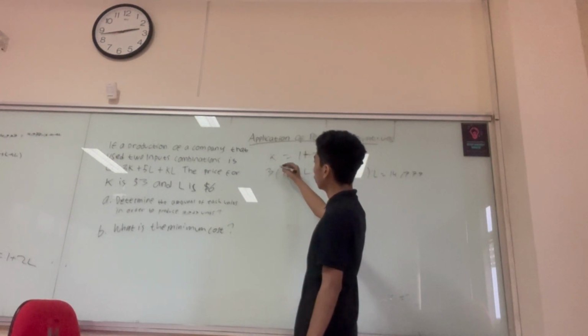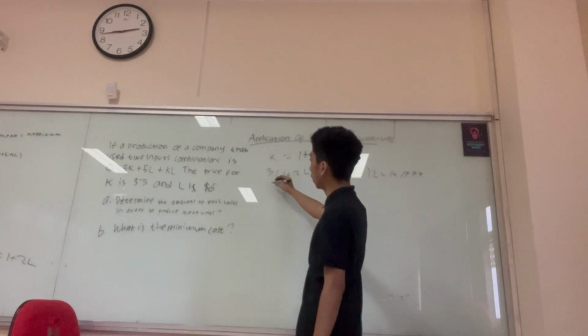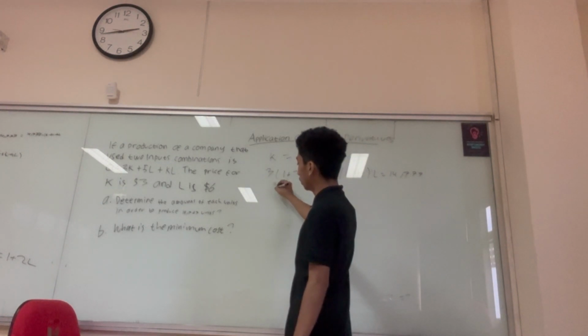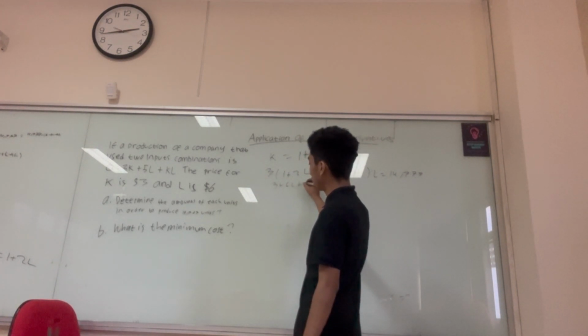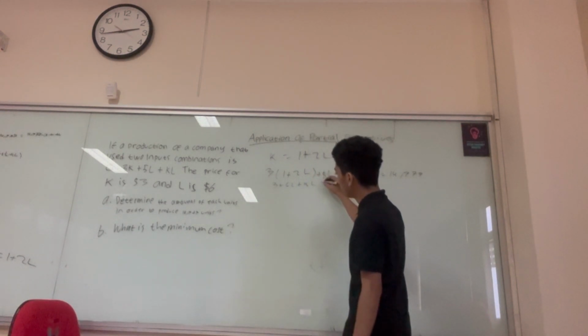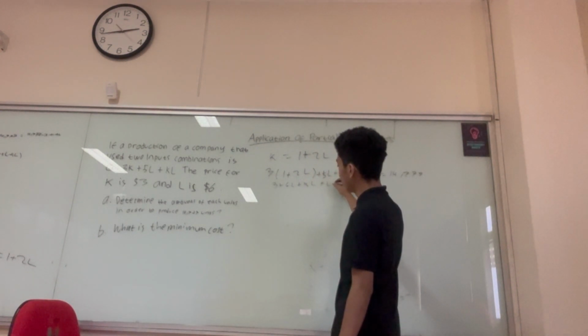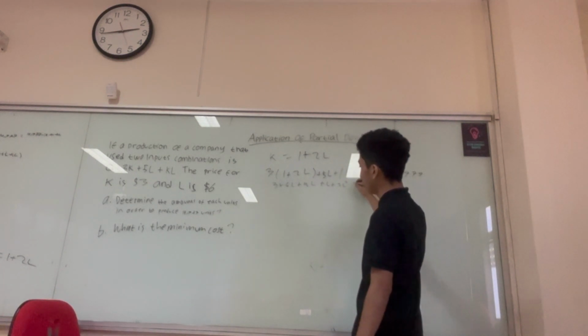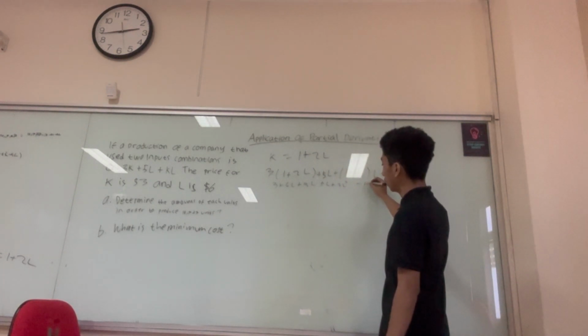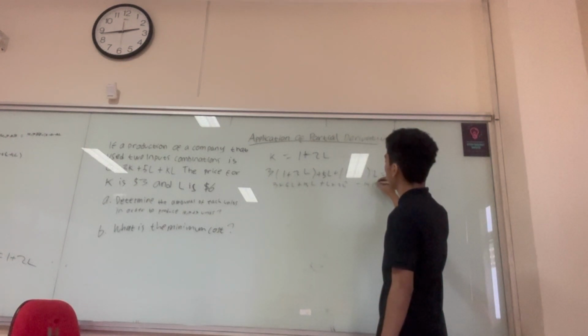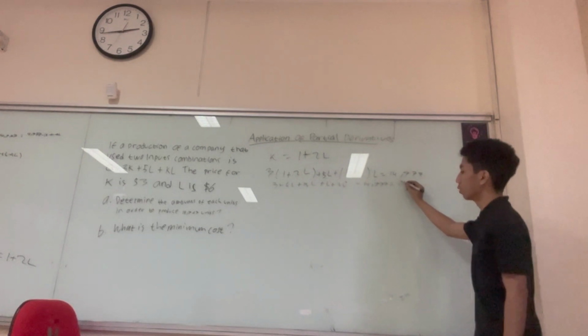Now we cross multiply it. 3 plus 6L plus 5L plus L plus 2L squared minus 14,777 equals 0.